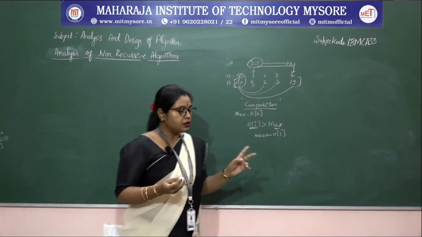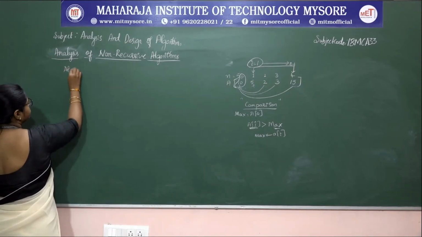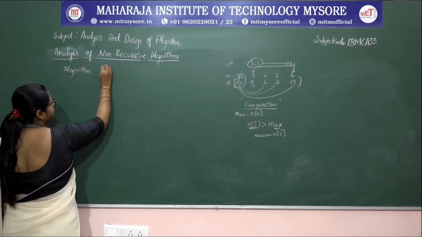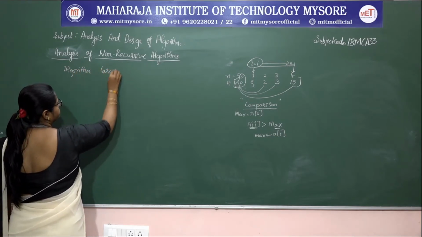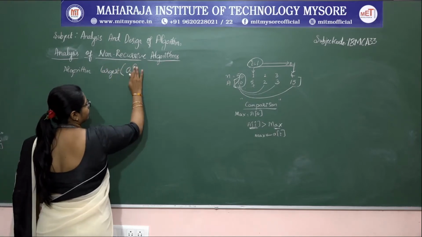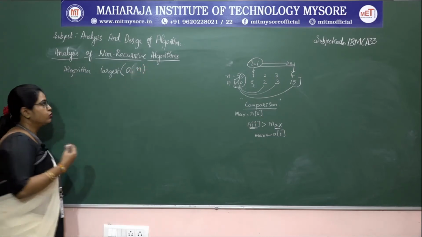So here, in order to write the algorithm, we are finding what? The largest value of an array of n elements, or else we can write array of n elements like this also.